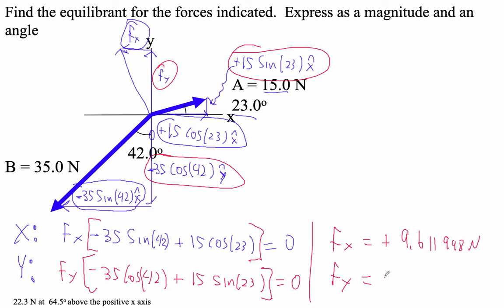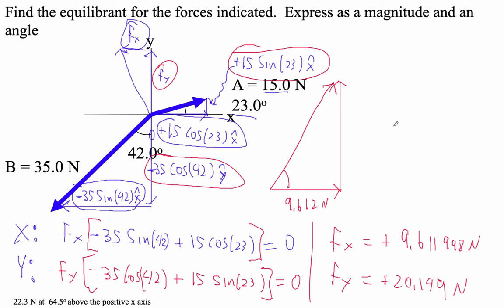That's positive, newtons. All right, so now we've got to draw this thing. It's actually going to go to the right. There's our 9.612 roughly, and then it's going to go up about twice as much.